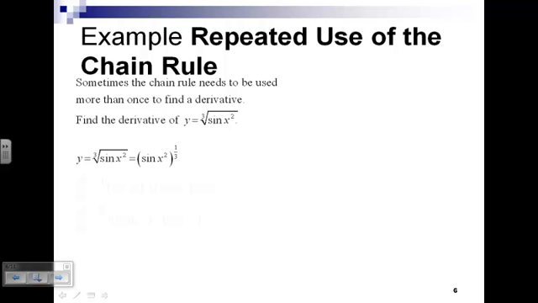Sometimes you see the 1/3 written down the bottom. Either way it's fine.